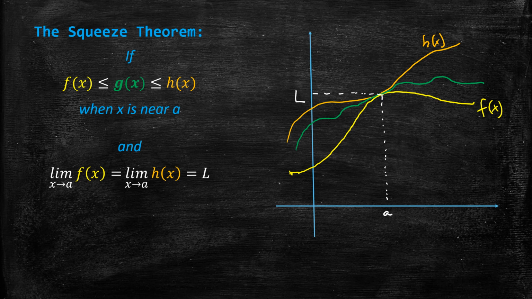So if this is all true, a lot going on here, then we can conclude something that's probably very obvious from the picture: the limit of the green function, g of x, as x approaches a, has no choice but to share the same limit as h and f.